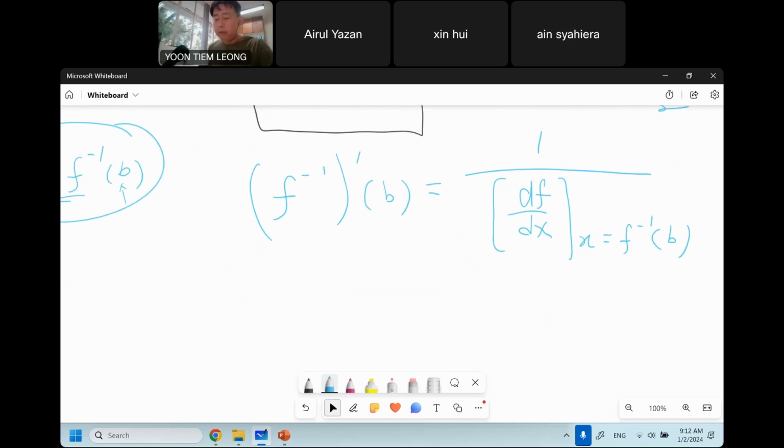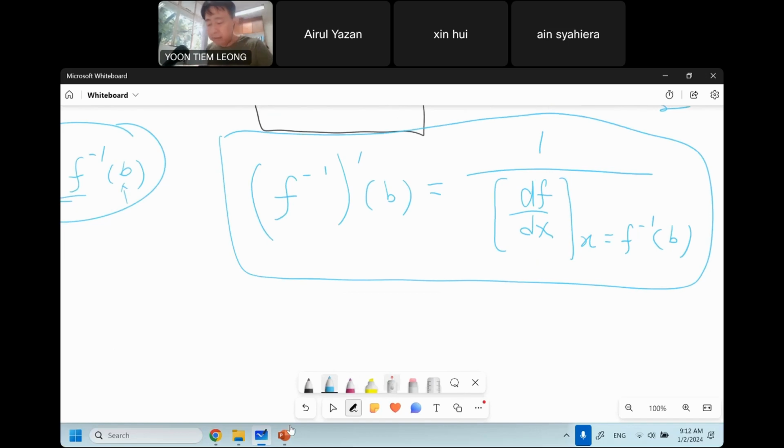Okay, so if you look at this function, the left hand side is b, the right hand side is also b. So in other words, this b is just a dummy. You can replace this b by anything, because the left hand side and right hand side are the same.